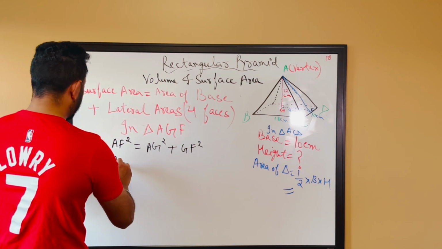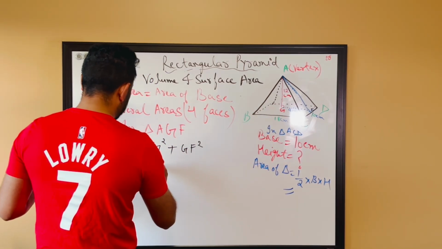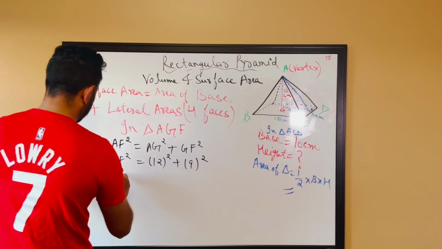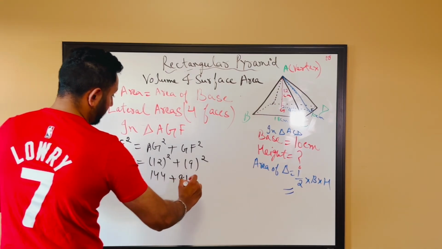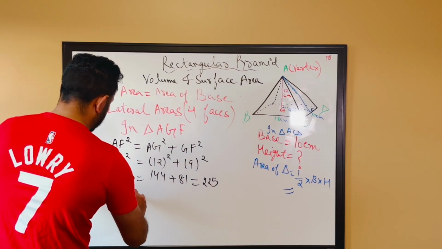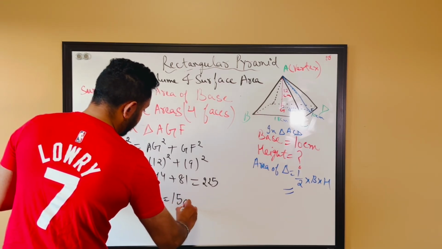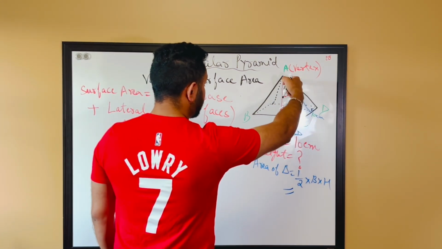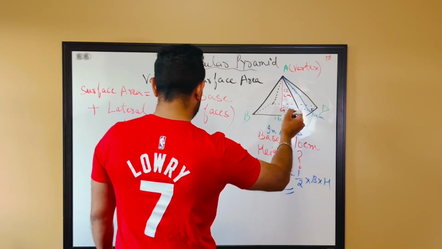So AF square, AG is 12, so 12 square plus 9 square, 144 plus 81, so 225. So under root of 225 is 15 centimeter. So we got our slant height, which is also the height of this triangle ACD, is 15.